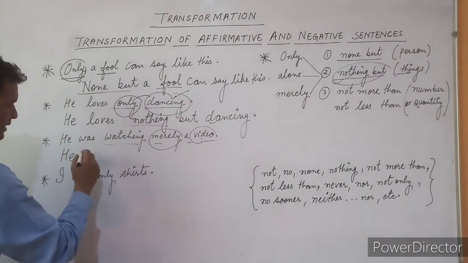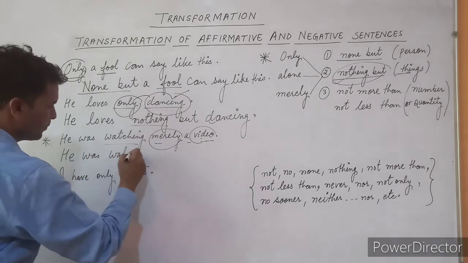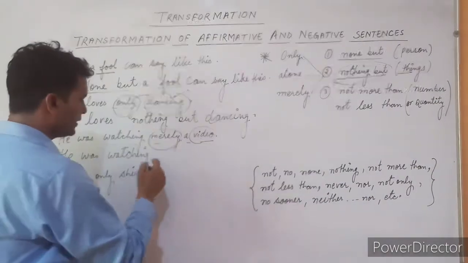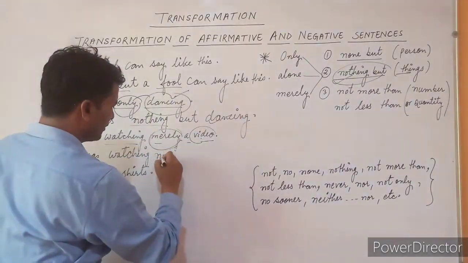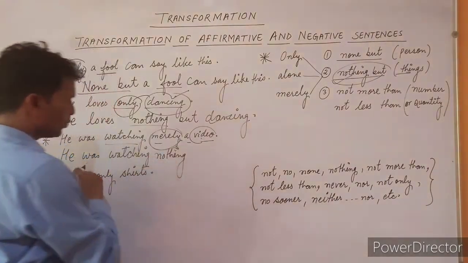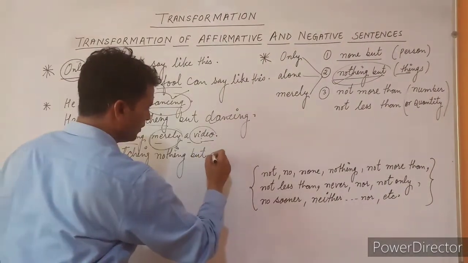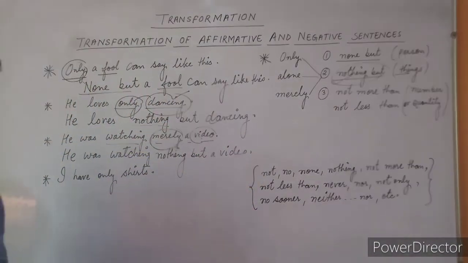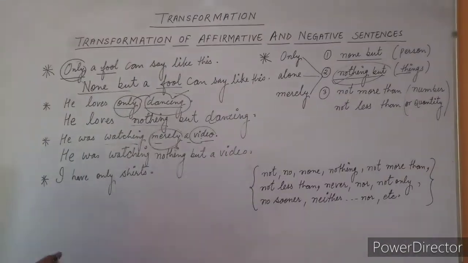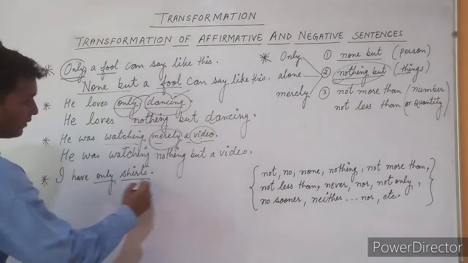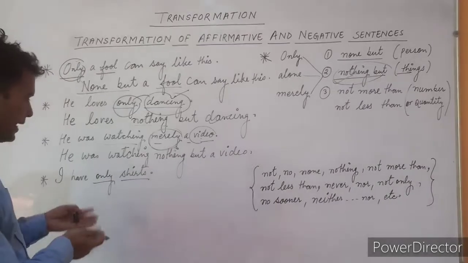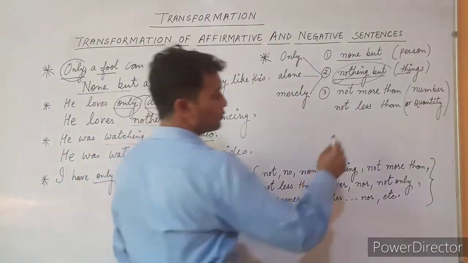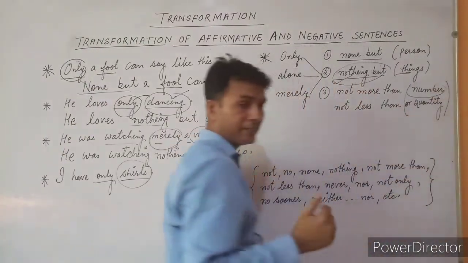You can transform it as: he was watching nothing but a video. Right, students? Next. I have only 2 shirts. You can see that shirt is a countable noun. It's representing a number.